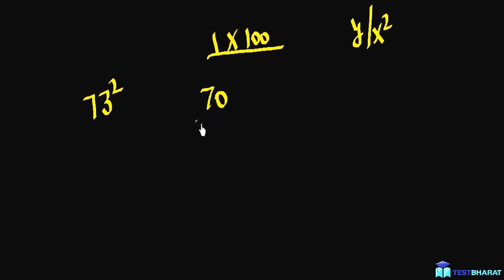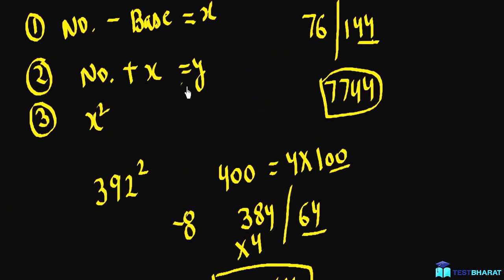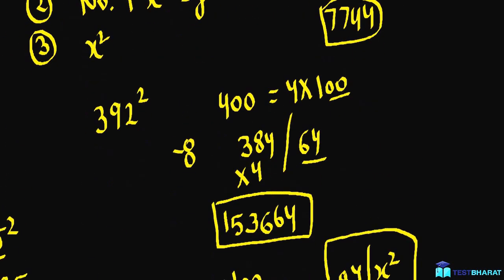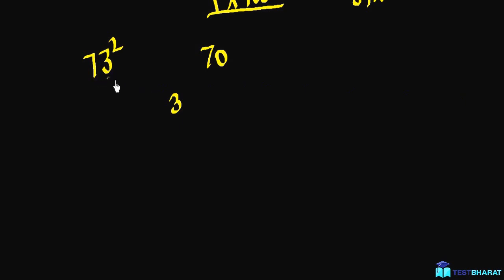If 70 is my base, number minus base will be 3, that is x, and number plus x is y. Number is 73 plus 3, so y will be 76, and x square is 9.